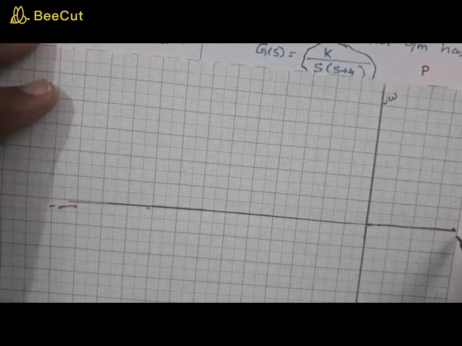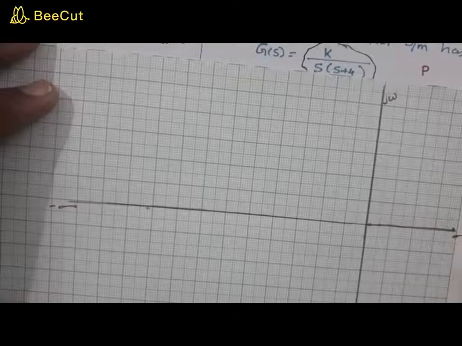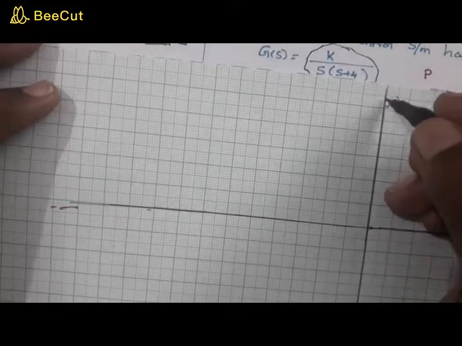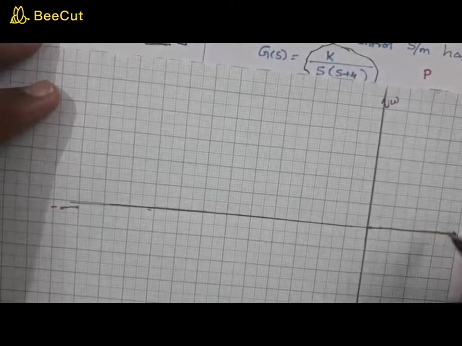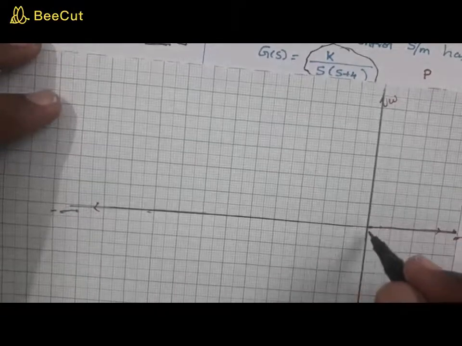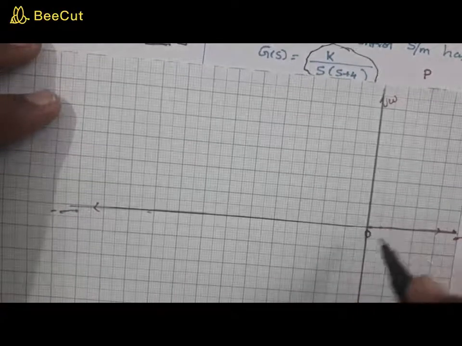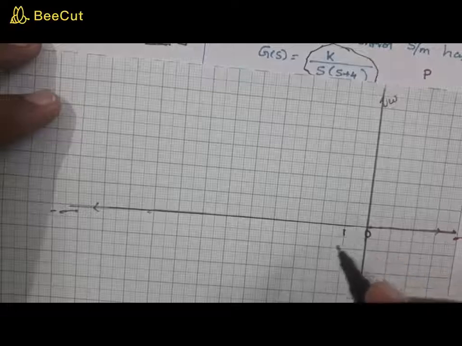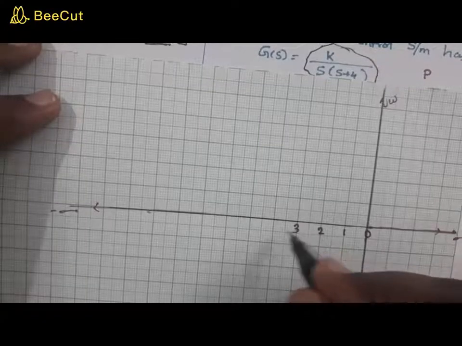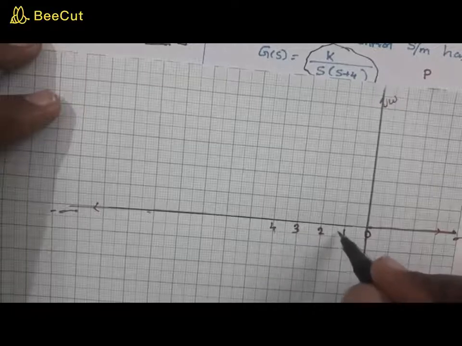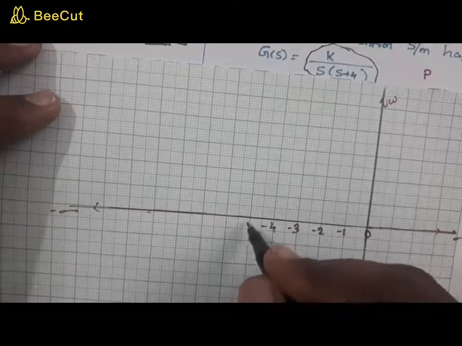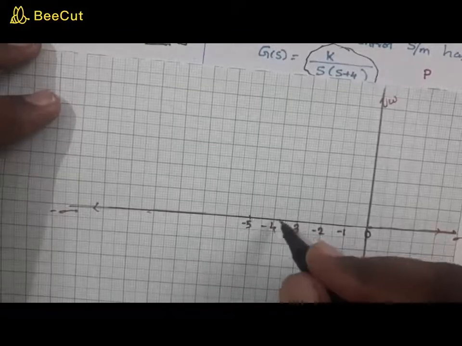This is the positive sigma. These are the axes, so let's draw this diagram and mark the points. This is your 0 point, obviously the origin. This one represents 1, this one is 2, this one is 3, and this one is 4, but with a negative sign: minus 3, minus 4, minus 5, and it goes on like that.